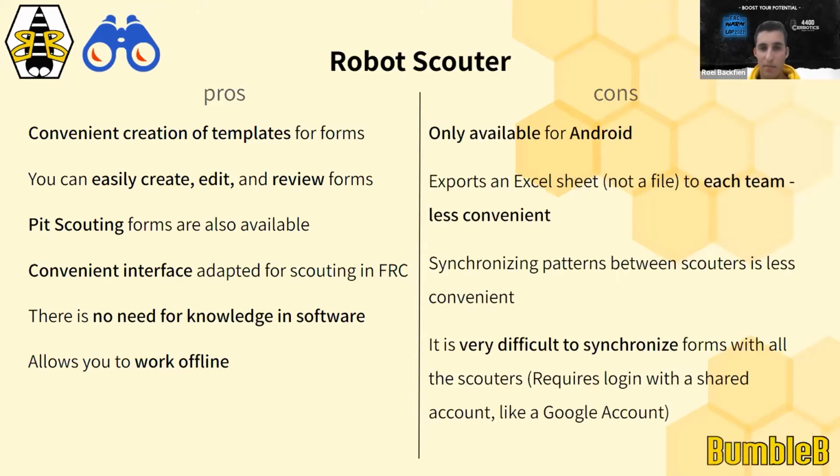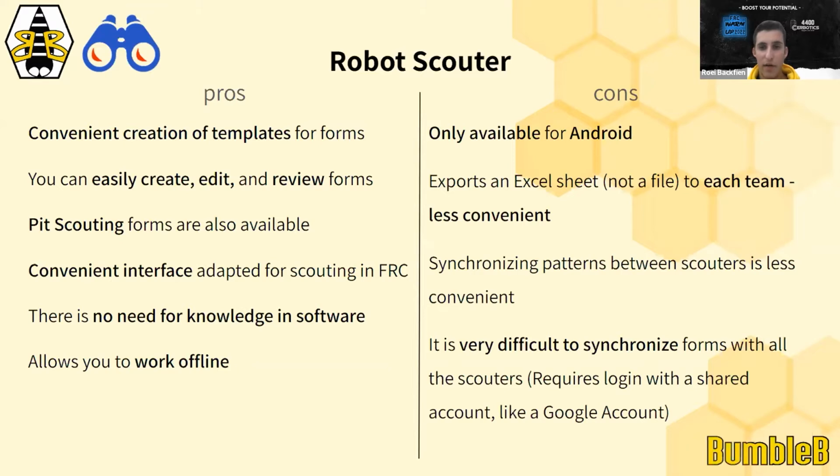The cons of this app is that it is only available for Android. So if your scouters have iOS, you won't be able to install the app on iOS. It's only available for Android, which can be a bit of a hassle. Also, it exports an Excel sheet, not a file, to each team, which can be less convenient.